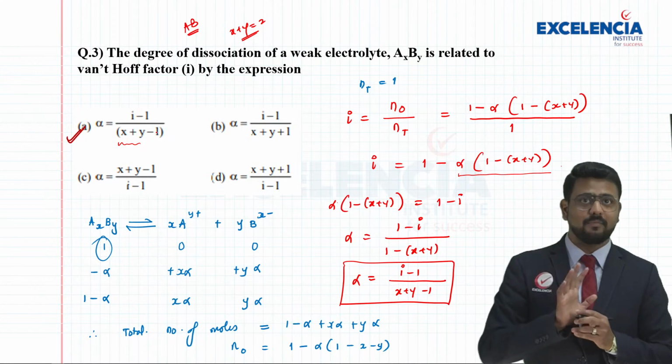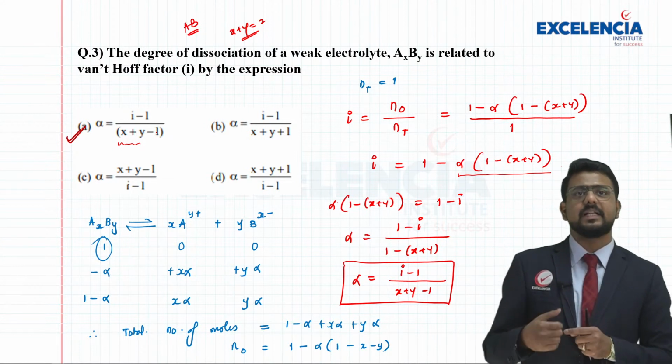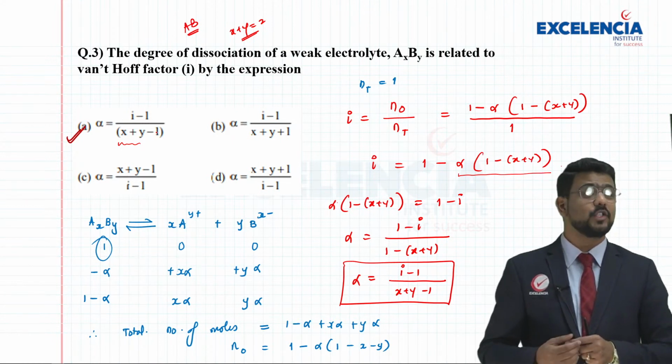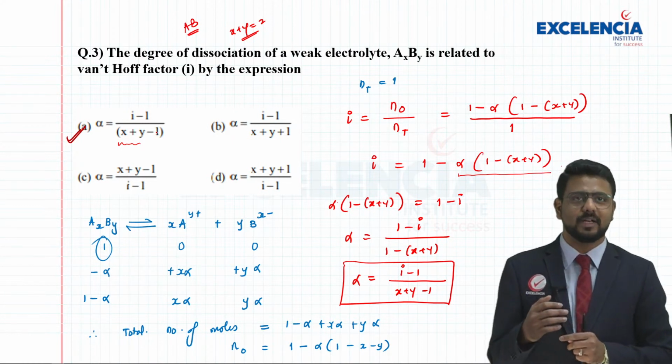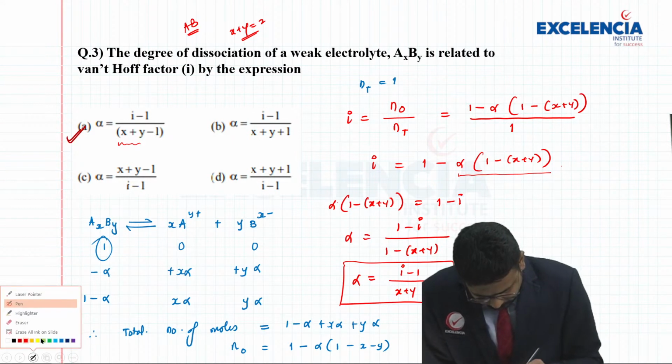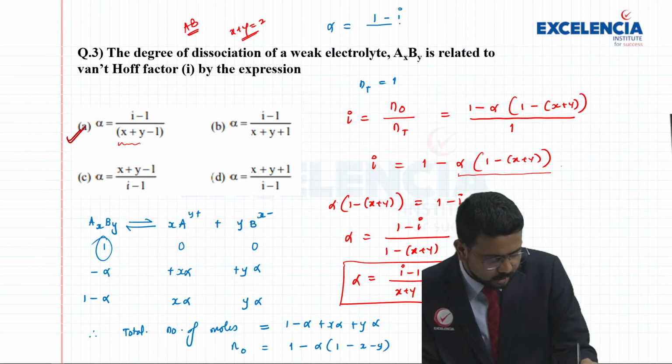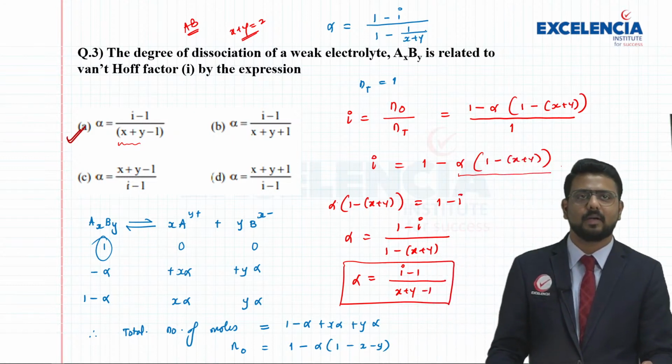Now just for your information, in this case there is a dissociation happening, but if you have any question related to the association of the electrolyte, you need to know this particular relation: alpha is equal to 1 minus i divided by 1 minus 1 over x plus y. Basically again the number of particles, right?